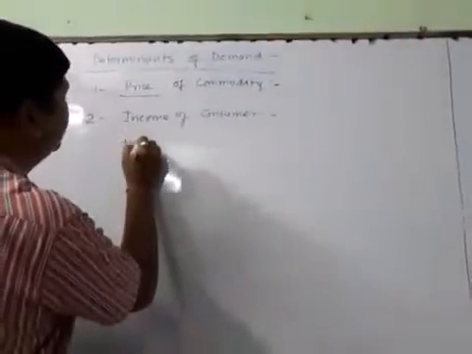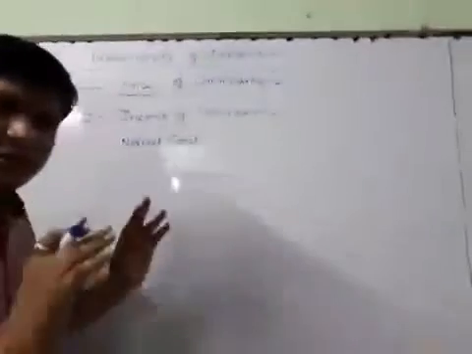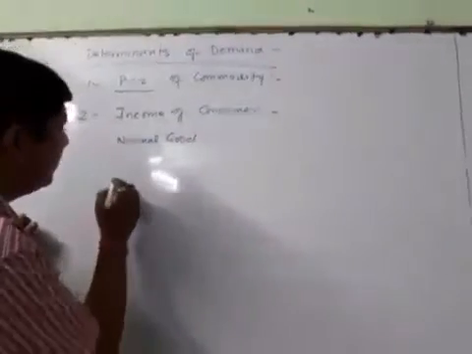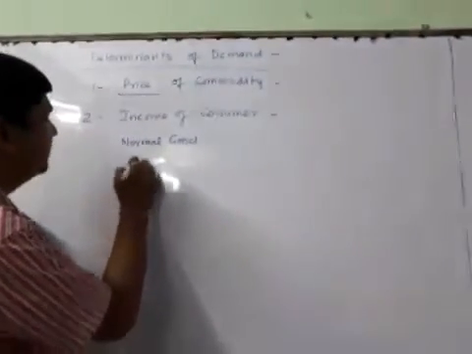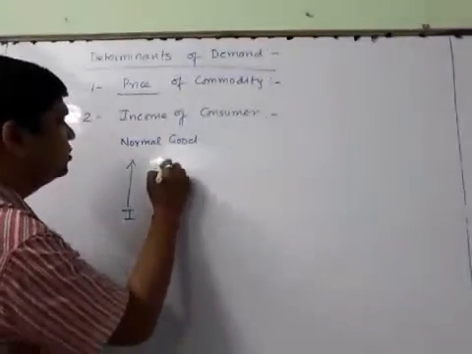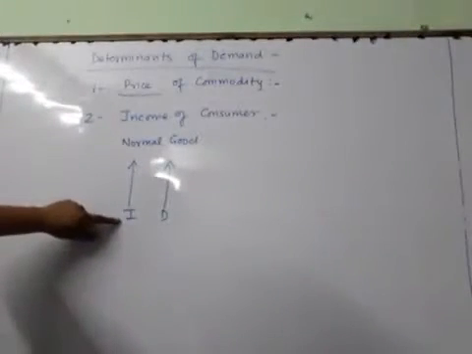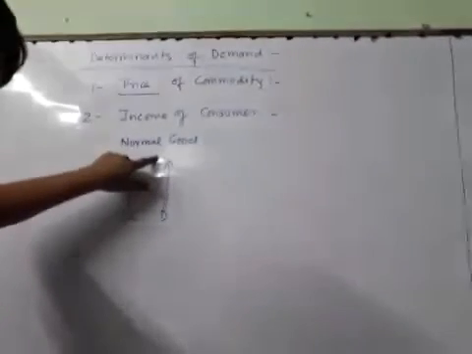Let's take the example of normal goods. So what happens with normal goods? When the income of the consumer increases, demand also increases. As the income increases, it results in an increase in demand.